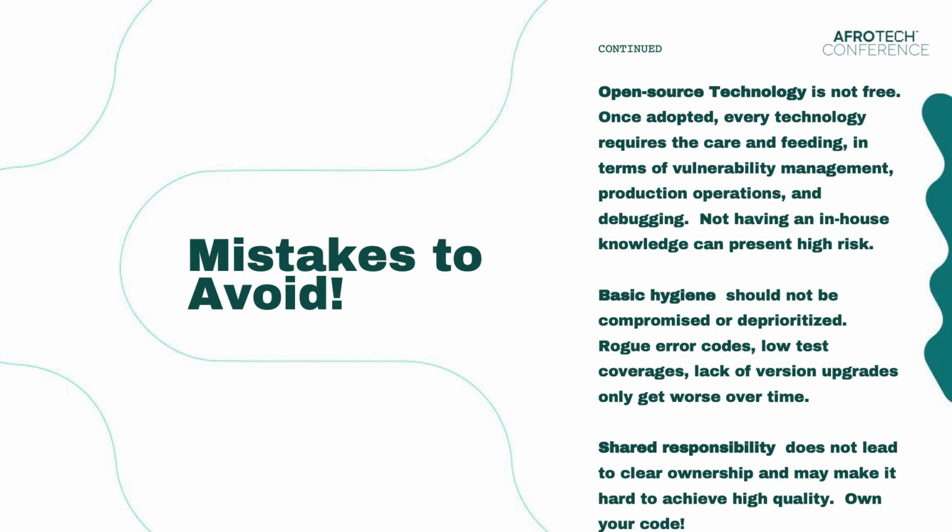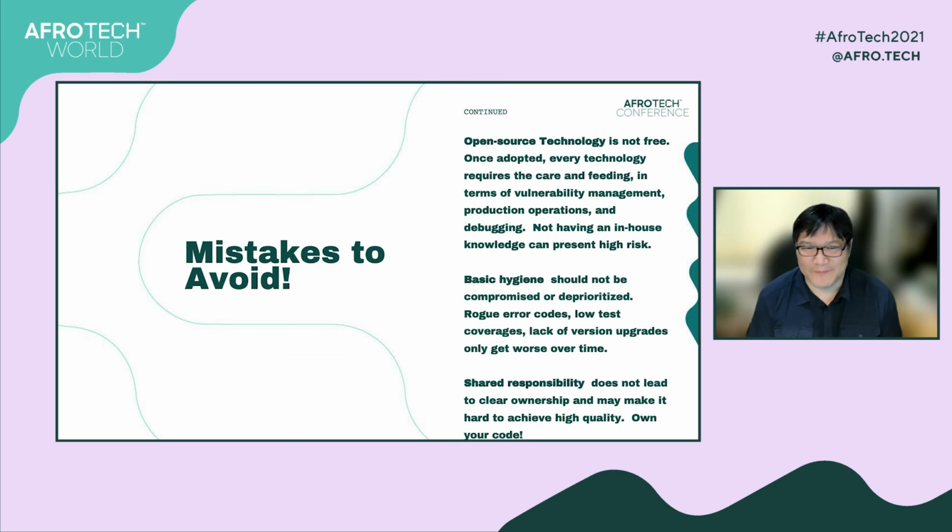So what are some of the mistakes? One of the easy things to get into is adopting open source technologies without plans to maintain them. Earlier in our history, there were some developers who would just bring in open source technologies without any gates. And these things you can make work, but making it work once versus having to maintain it for the next 10 years is a different matter.